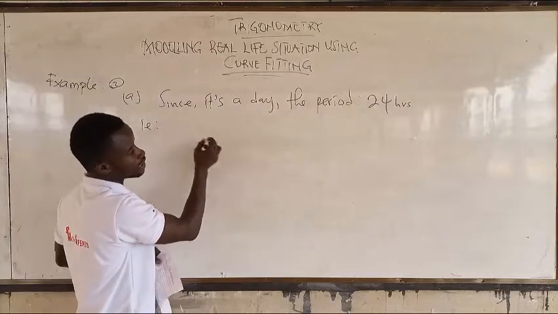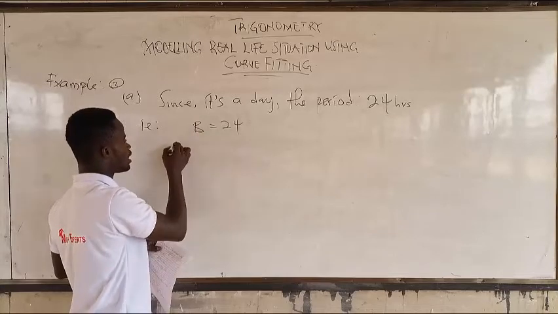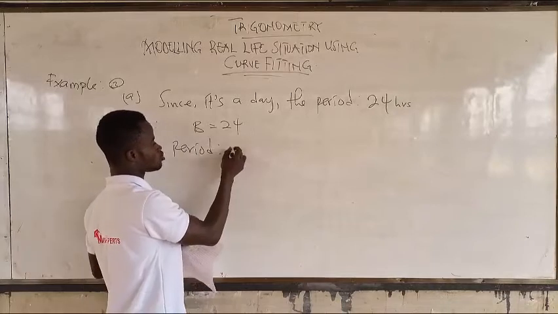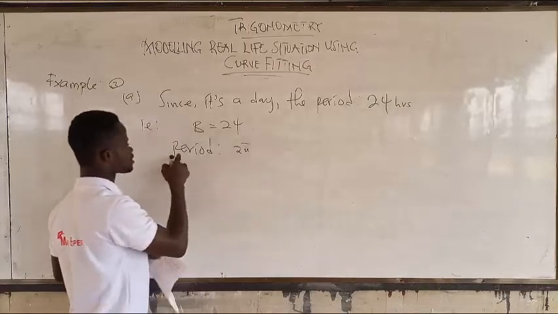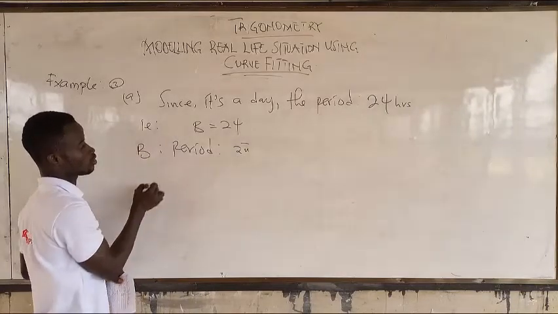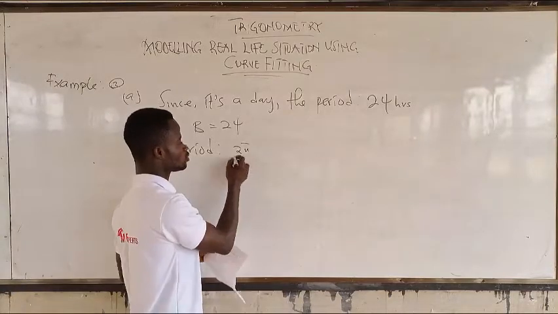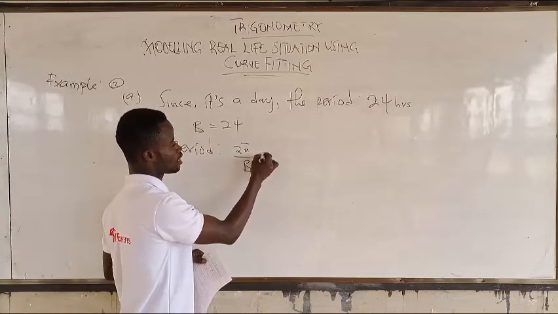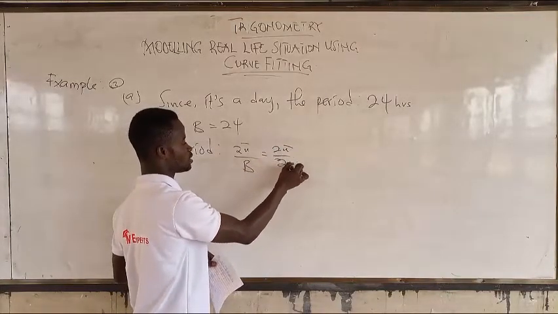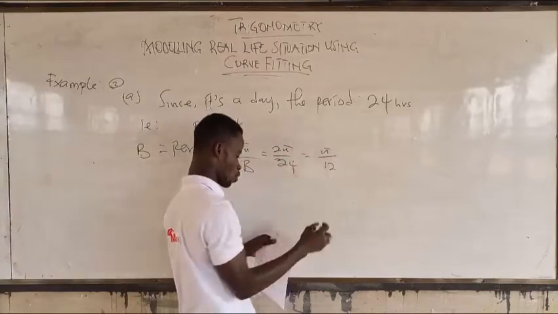So this means that our B is going to be equal to 24 and the period is just going to be 2 pi over B. And we are going to get 2 pi over 24, and that's going to give us pi over 12.